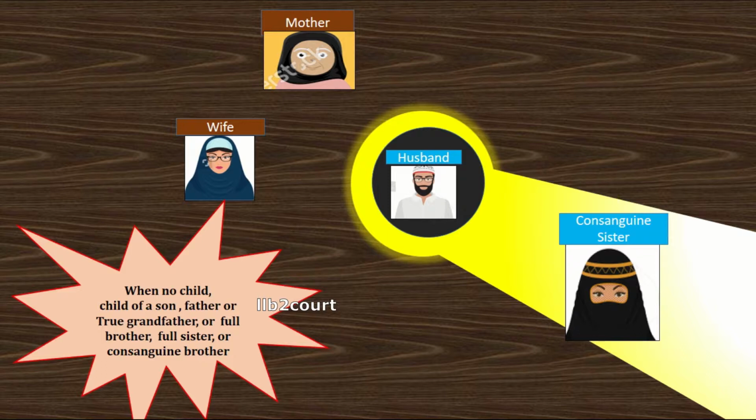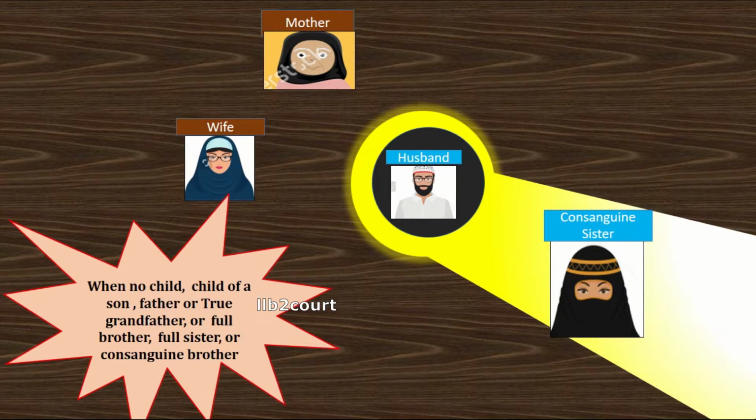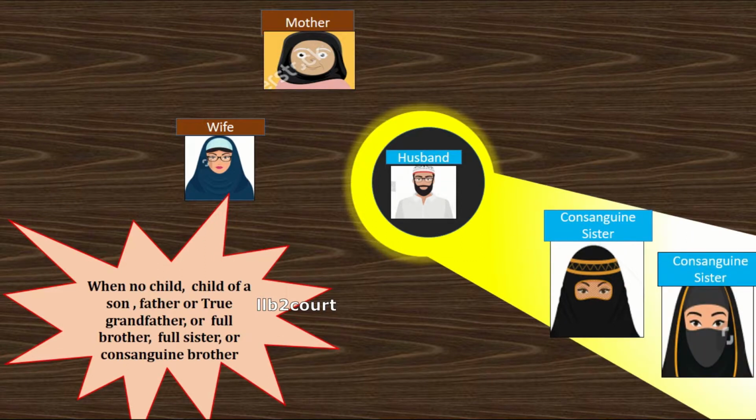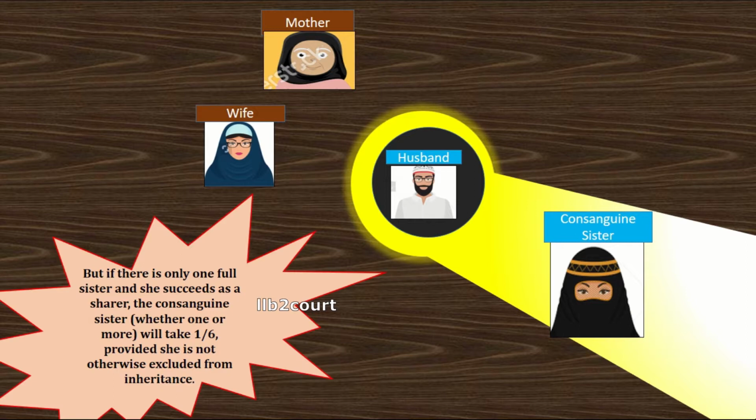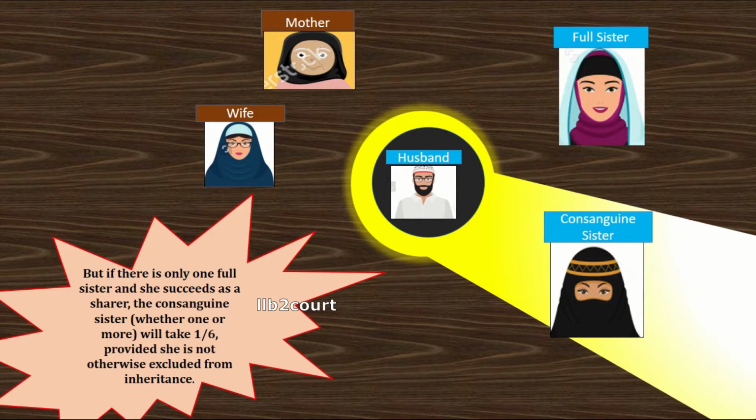Next one is consanguine sister. Here it is the same father but different mother. If the deceased person doesn't have children, father or true grandfather, full brother, full sister, or consanguine brother, only in that condition she will get 1 by 2. If there are two consanguine sisters, they both together take 2 by 3. One more condition: if there is only one full sister and she succeeds as a sharer, the consanguine sister will take 1 by 6.